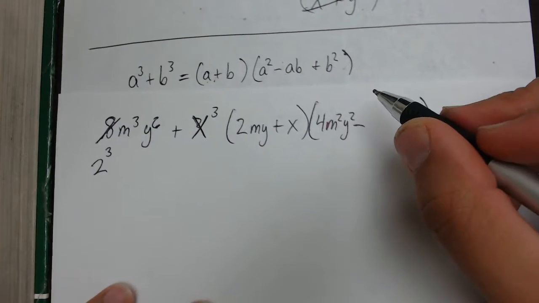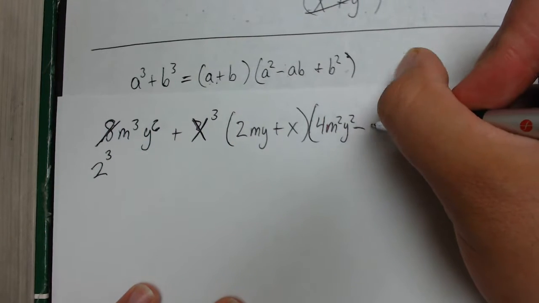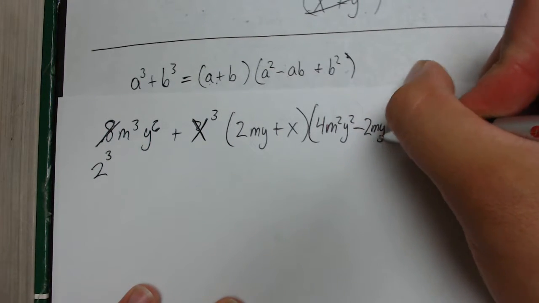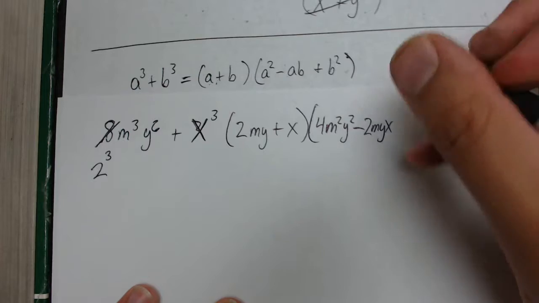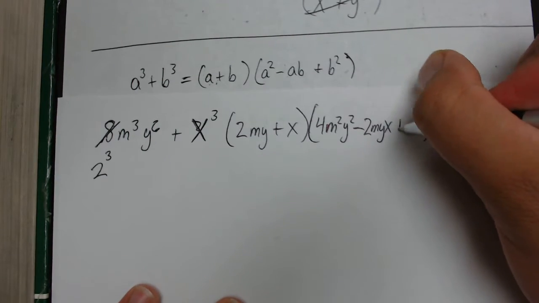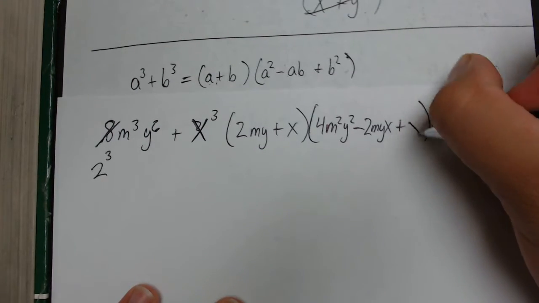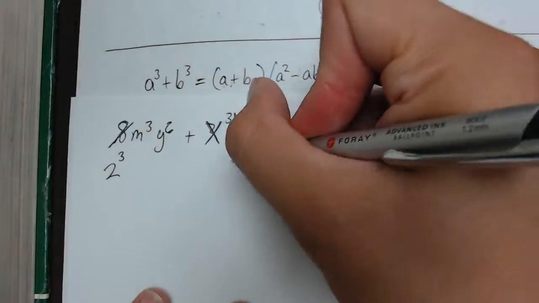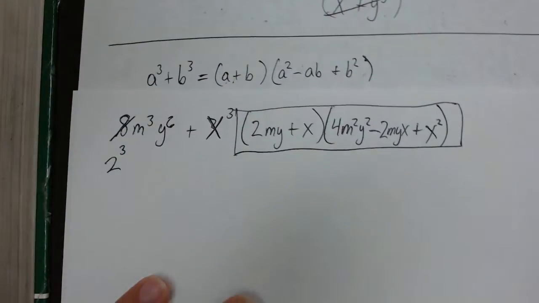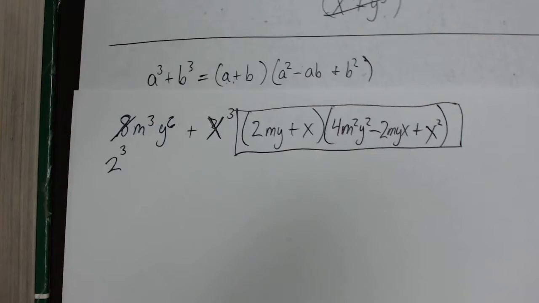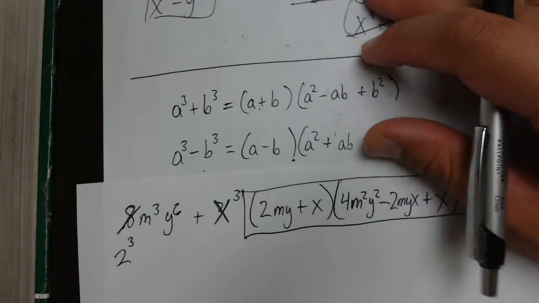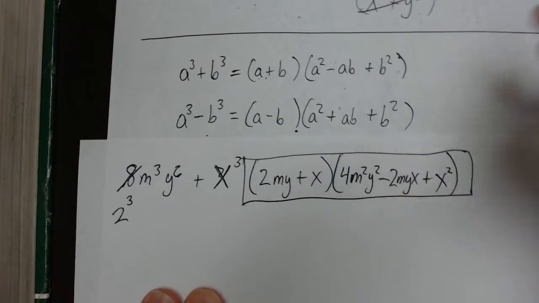Then we're going to subtract the a times the b, which would be 2my x. And then lastly, we're going to add the b squared, which is just going to be x squared. And that's our answer. So difference of cubes isn't too hard. We just have to do a little bit of memorization. And that memorization being these two difference of cubes formulas.